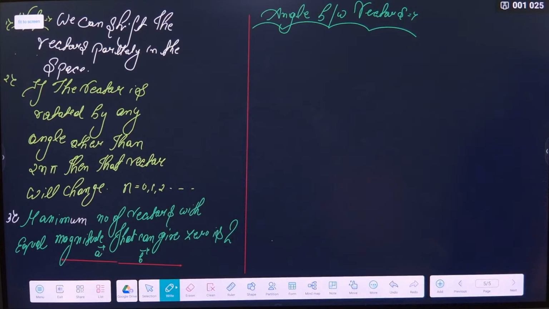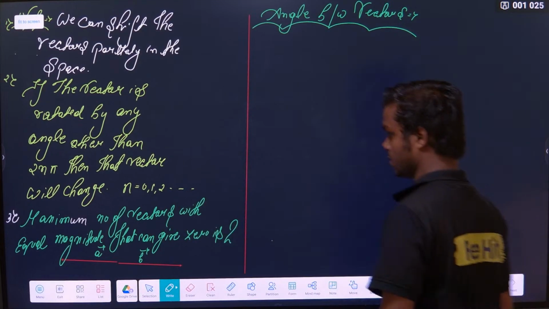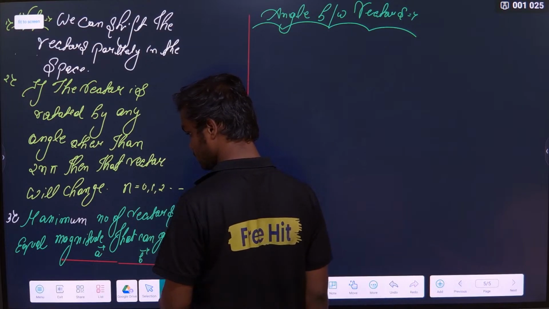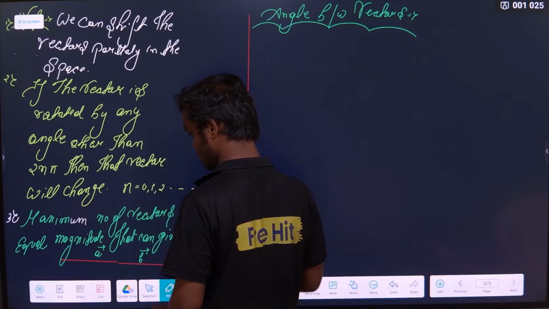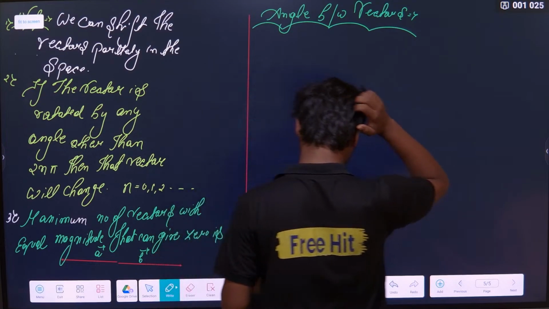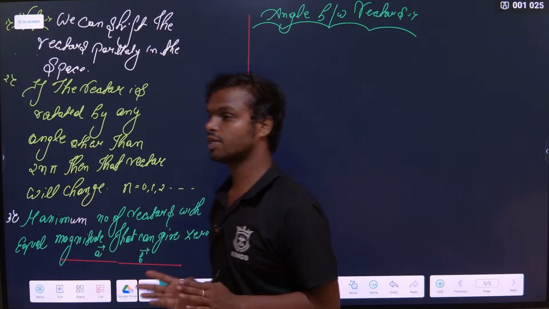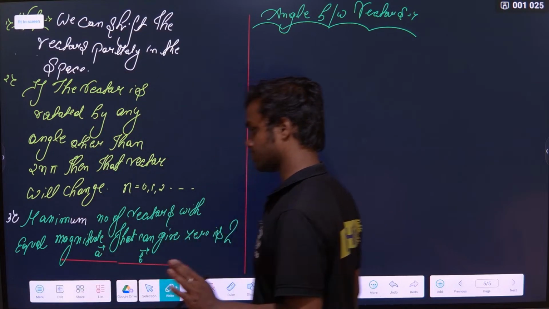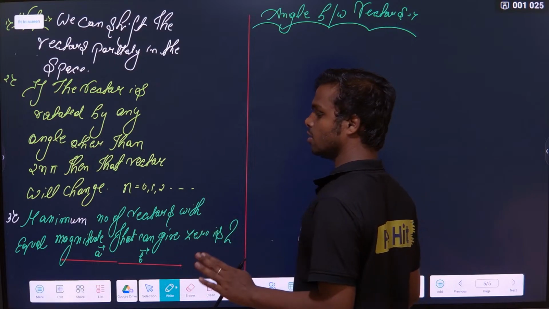See, whenever we have to find the angle between two vectors, either we have to see the angle between tail to tail or head to head. That is a simple logic. Okay, tail to tail or head to head.